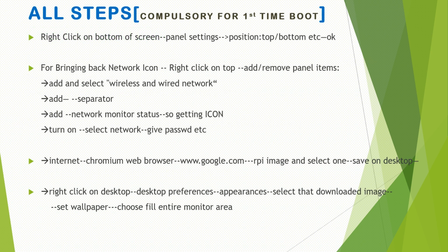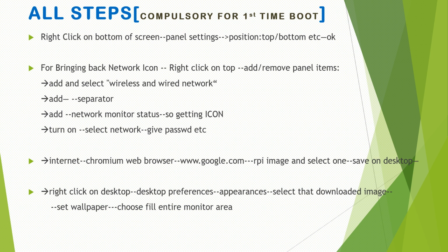And what are the steps? It is compulsory if your Raspberry Pi operating system is booting for the first time. But in my case, I have already used it many times, so I don't need that. But especially for you, you have to remember the steps, guys.